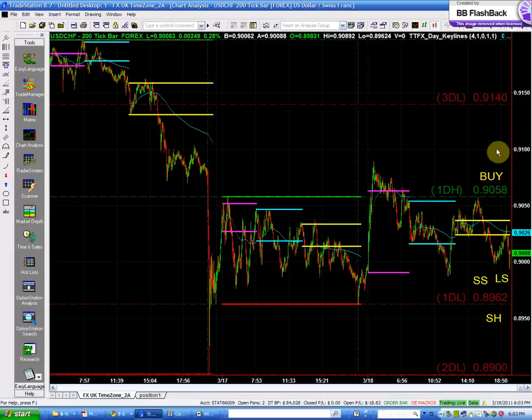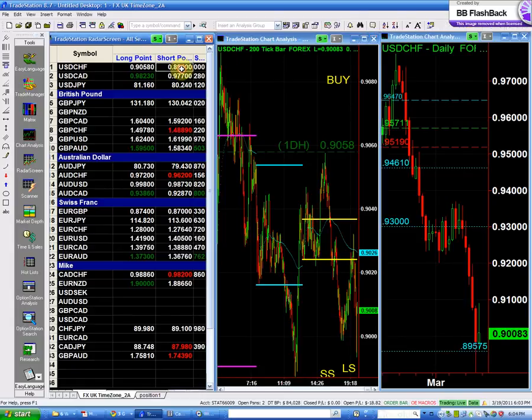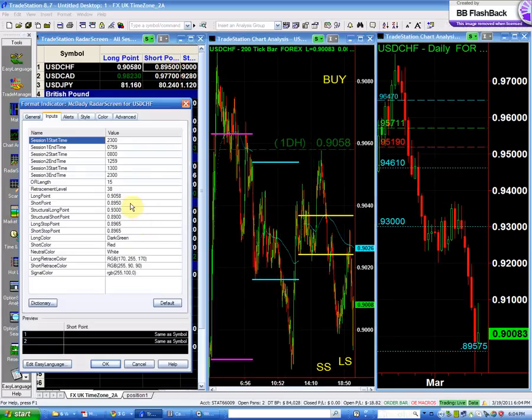Your short is below 89.65, and let's see where the stops are. Your stop is about 89.60. Let's change that.